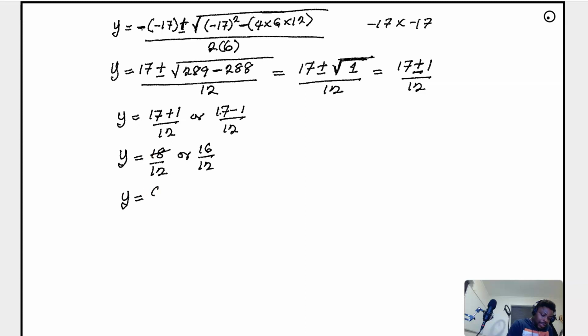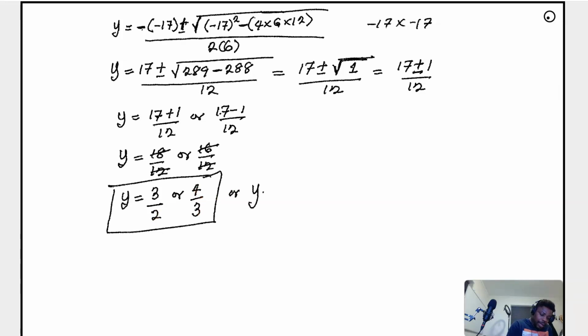How many 3 here? 6. Or we can say how many 6? 6 can go directly. Okay? So how many 6 here? 3. How many 6 here? 2. Or 4 here. 4. 4 here. 3. So my y is 3 over 2 or 4 over 3.